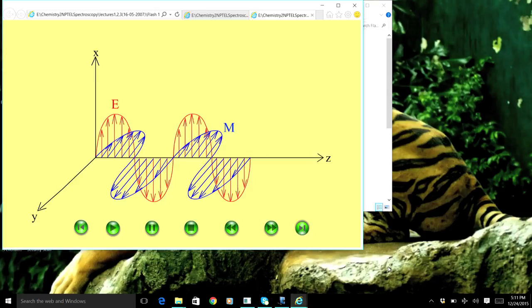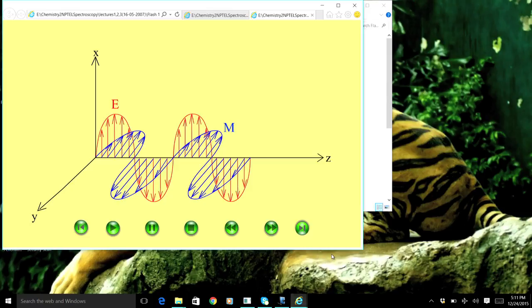The red oscillations are marked as the electric field, and that is in a plane perpendicular to the YZ, namely the XZ plane. And both of these oscillations, the red and the blue, are perpendicular to the direction of propagation, which is marked as the Z direction.